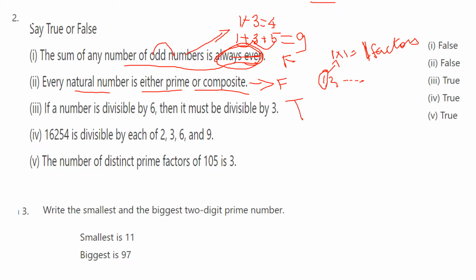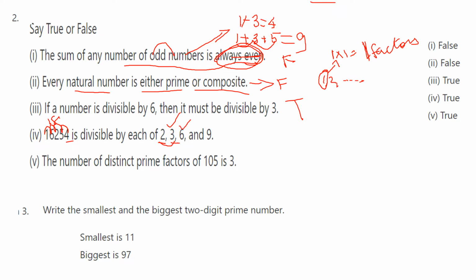16254 is divisible by each of 2, 3, 6 and 9. So 2 means the last digit is even, the condition is true. 3 means the sum of the digits: 4 plus 5 is 9, 9 plus 2 is 11, 11 plus 6 is 17, 17 plus 1 is 18. 18 is divisible by 3. If a number is divisible by 2 and 3, it should be divisible by 6.